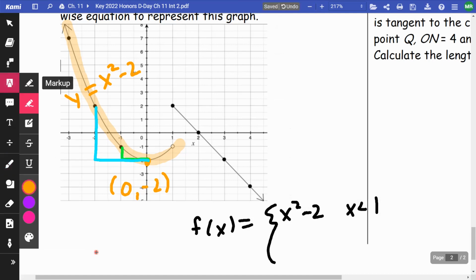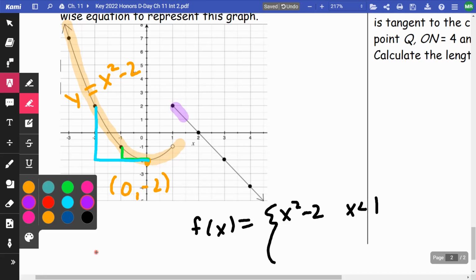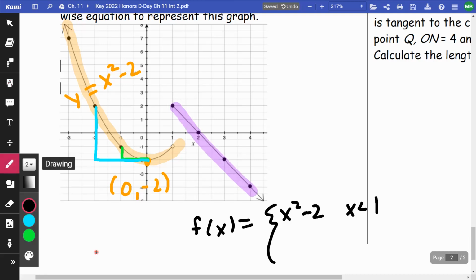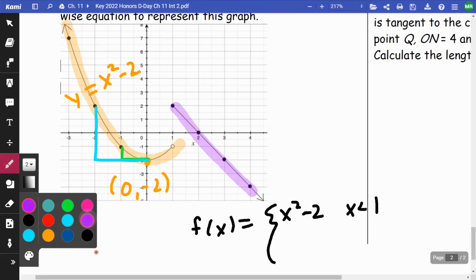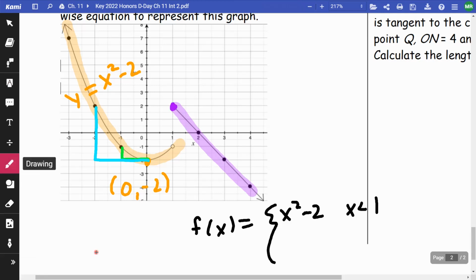Then I need to figure out my line. So my line, what I probably would do is the following. You can go backwards and find your y-intercept. I'm not going to bother doing that. I'm going to look at this point. This point is (1, 2).